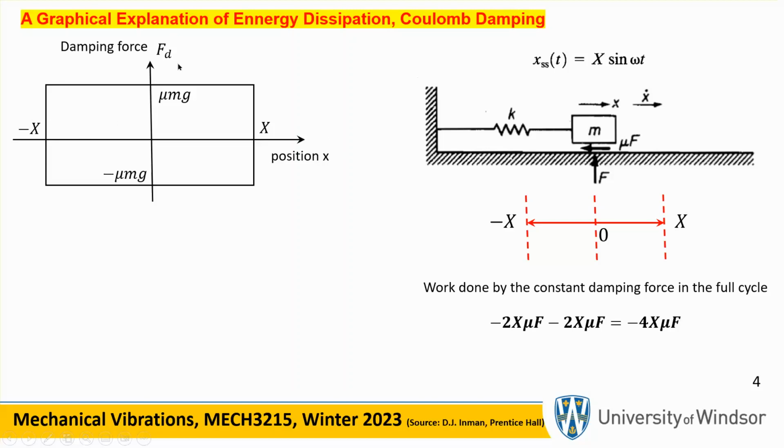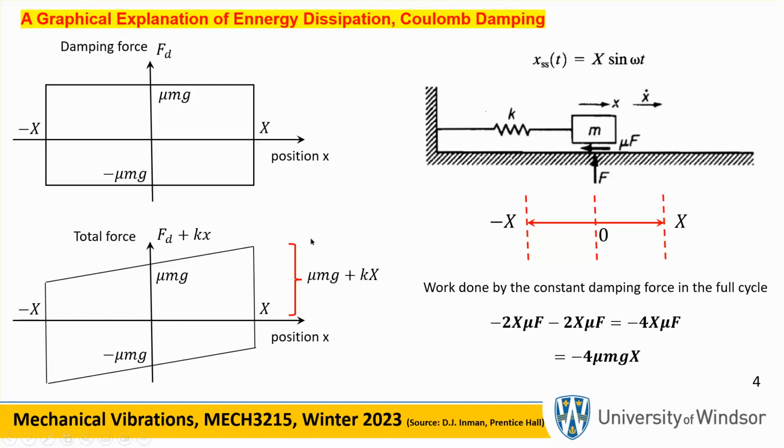Now, if instead of FD for damping force, we take the friction force plus the spring force, then all we have to do is raise this point by the amount kx. Just think about it.